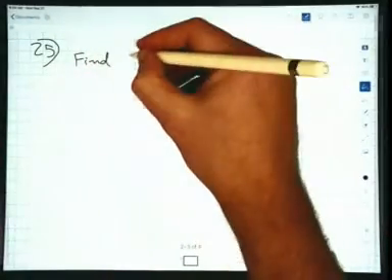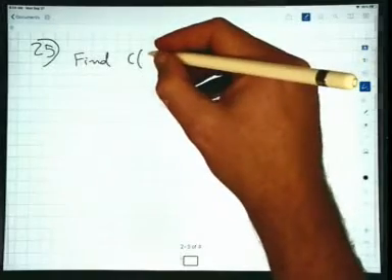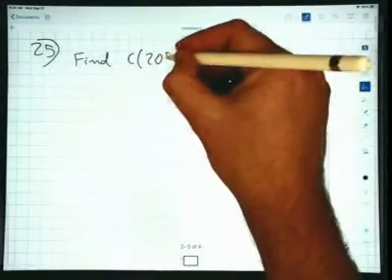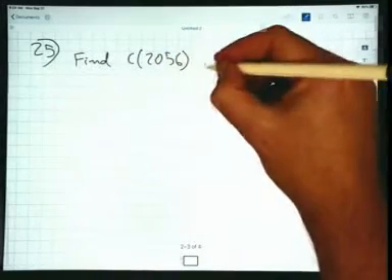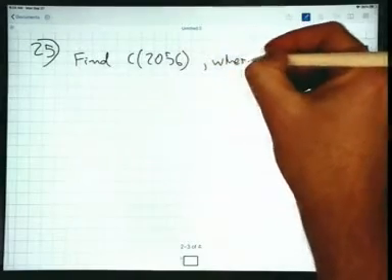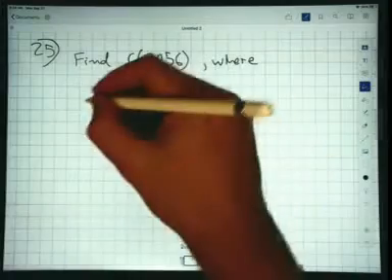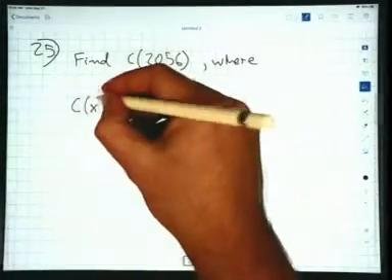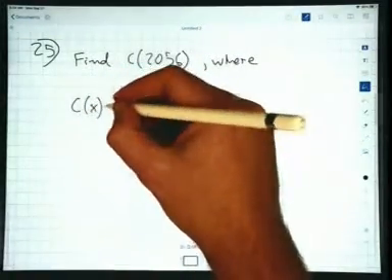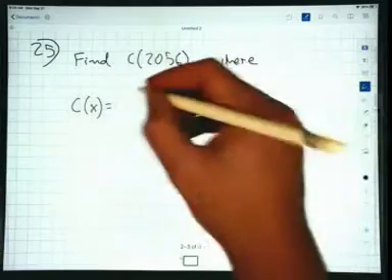Find C at 2056, where C of x is equal to, we have a piecewise function.